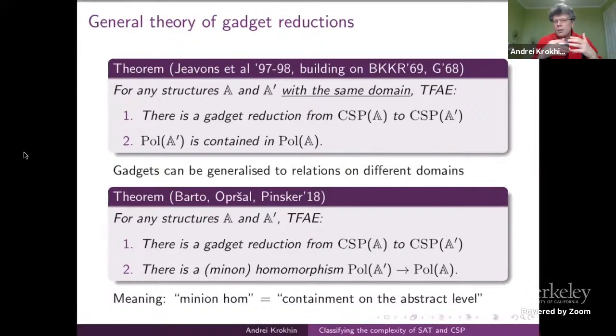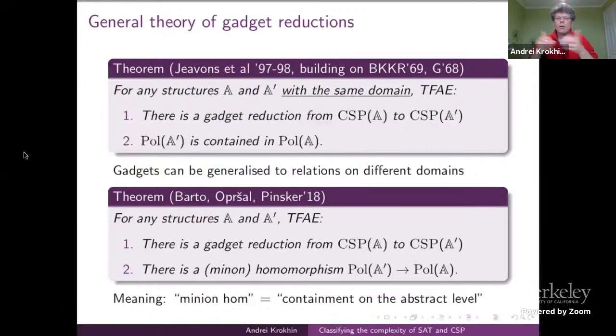This is somehow similar to when you go from permutation groups to abstract groups, right? On permutation groups, you can talk about inclusion of one group in the other, but for this you need that these permutation groups act on the same set. If you want to talk about a homomorphism from one group to the other, then they don't have to be on the same set.